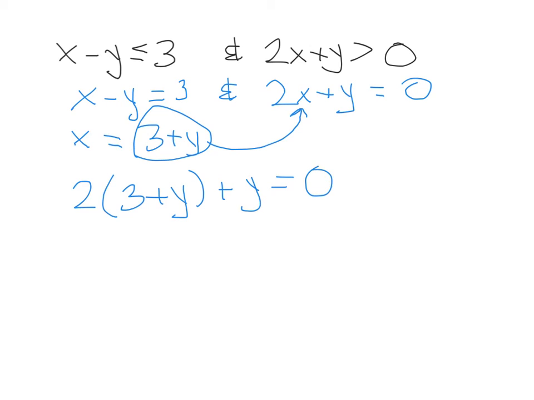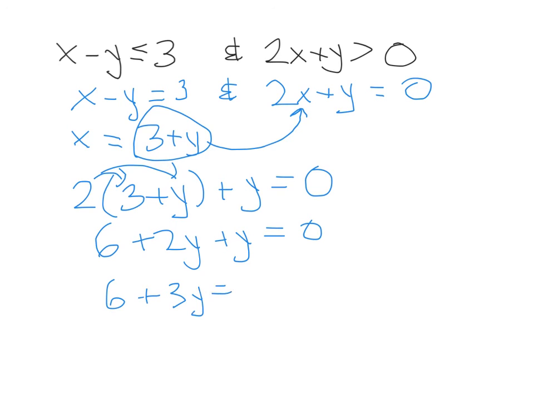Now we've eliminated all but one variable. Let's multiply through the brackets. 6 plus 2y plus another y equals 0. So in other words, 6 plus 3y equals 0. Moving the 6 over, 3y is minus 6. Dividing both sides by 3, we get y is minus 6 over 3, which is negative 2.